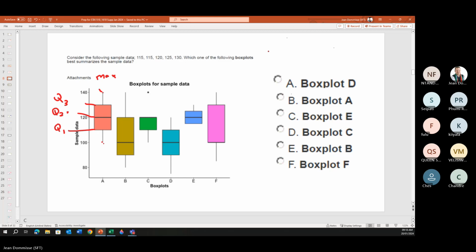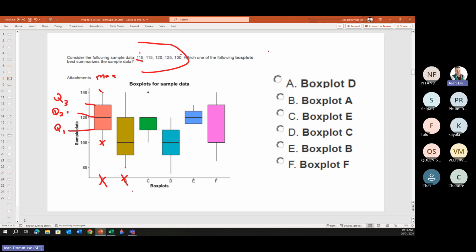So they've given me data. It's already sorted from smallest to highest. So what I would do in an instance like this is first look at my lowest point, which is 115. Okay, so that's 100. So it can't be box plot A. 115, that's 80.